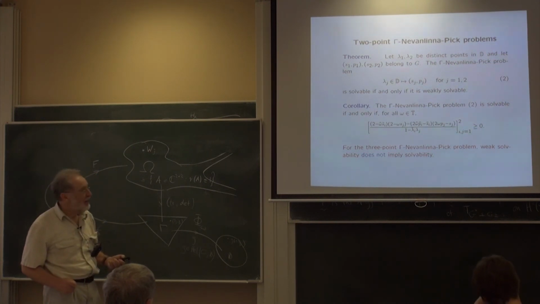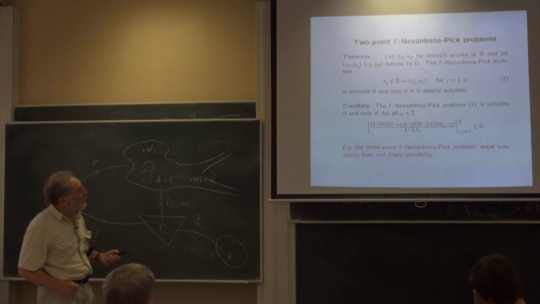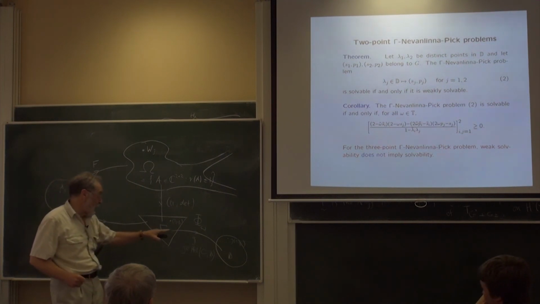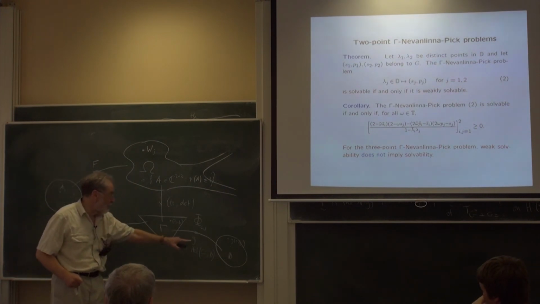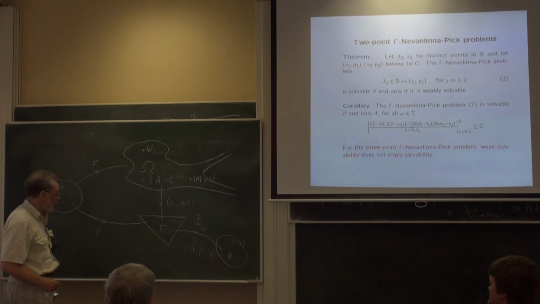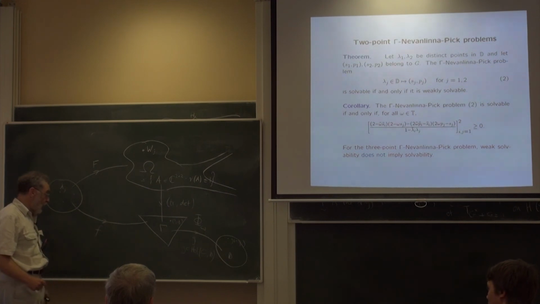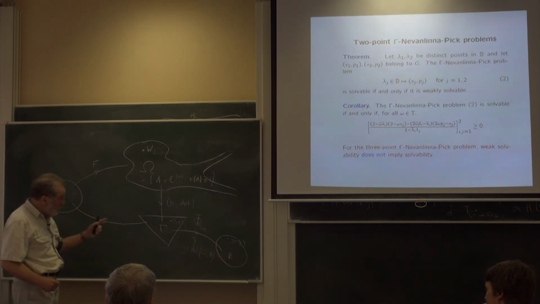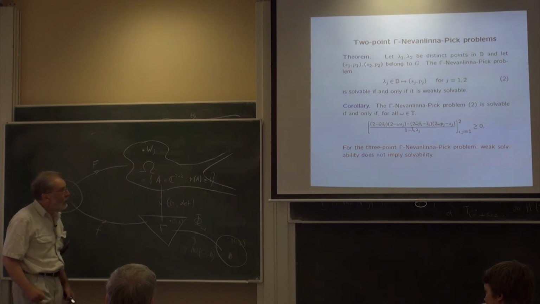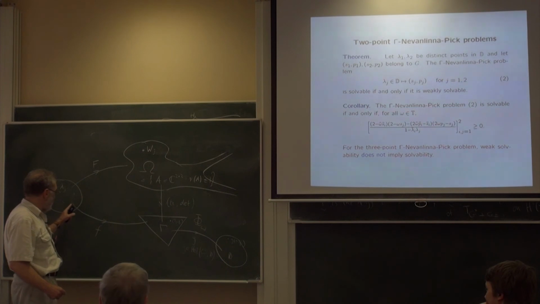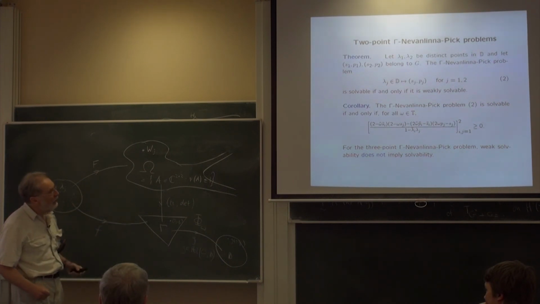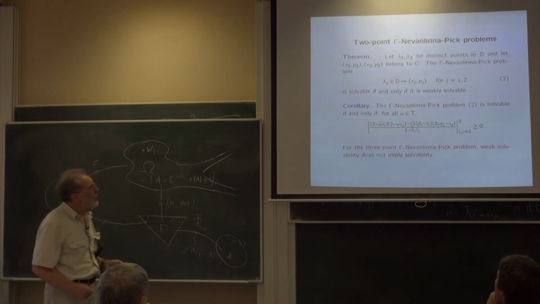Unfortunately, it doesn't work, because we eventually managed to construct an example in which you have 3 points in which the problem is weakly solvable. So for every G like that, you compose G with F, and that is a solvable problem, and yet there is in fact no such F. So that's a pity.